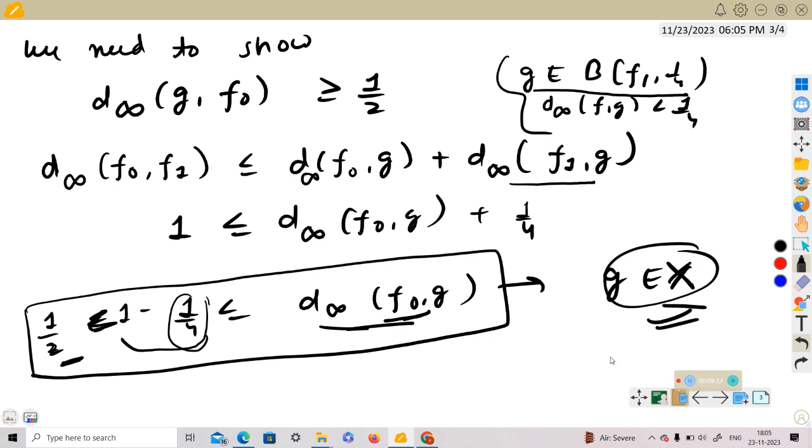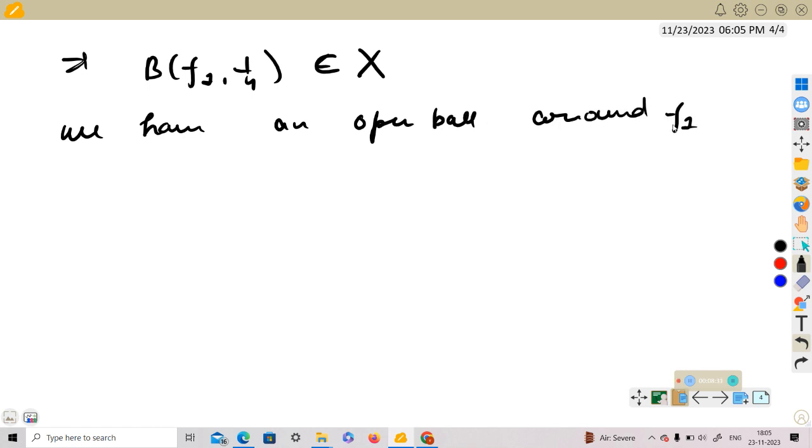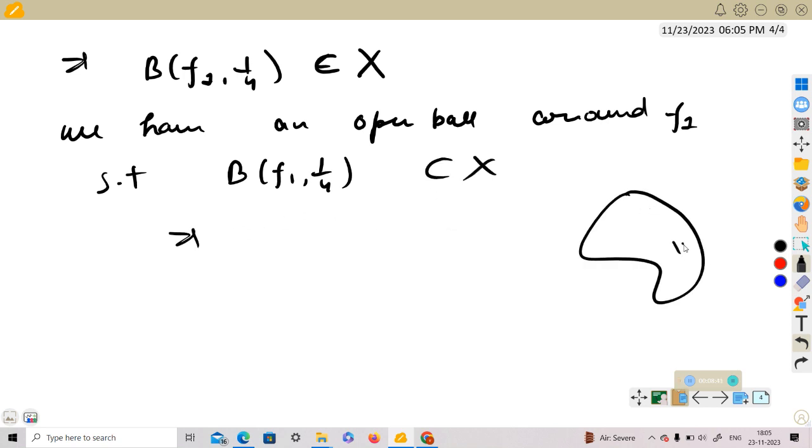You can take any other such value. Thus we have found an open ball around f1 such that B(f1, 1/4) is a subset of X. This implies that f1 belongs to the interior of X.